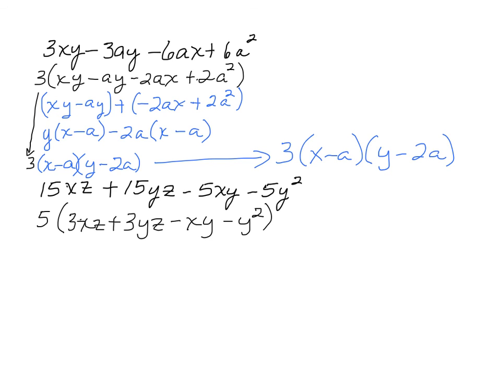Remember, our 5 is going to join us all the way at the end of the factoring. So we group 3xz plus 3yz plus negative xy minus y squared.